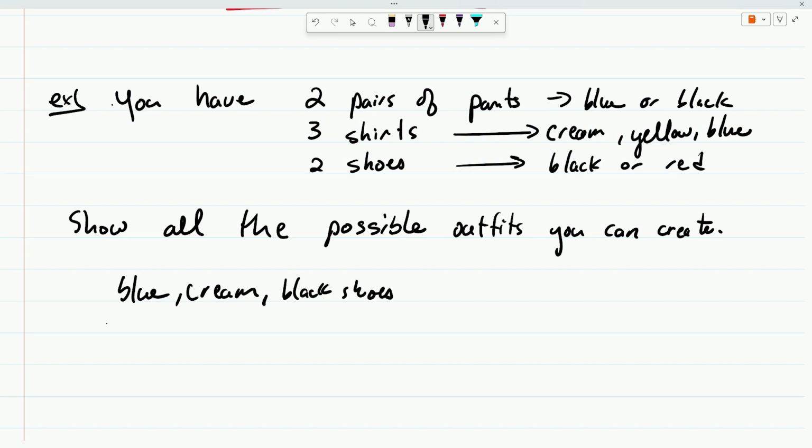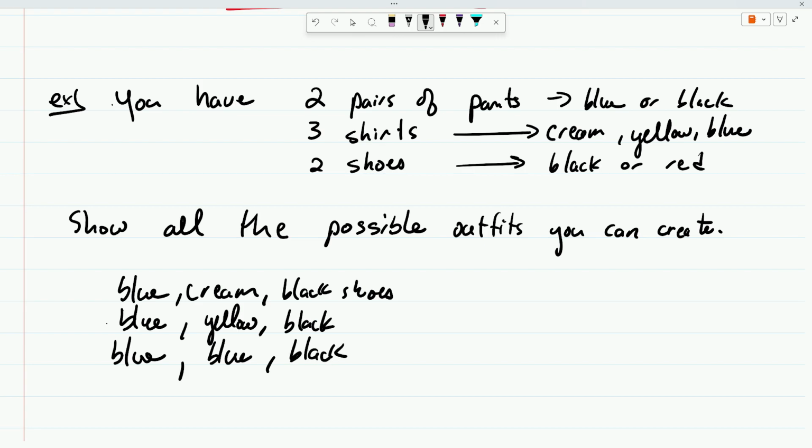Blue pants, cream shirt, black shoes. Or blue pants, yellow shirt, black shoes. Or blue pants, blue shirt, black shoes. Or blue pants, cream shirt, red shoes.